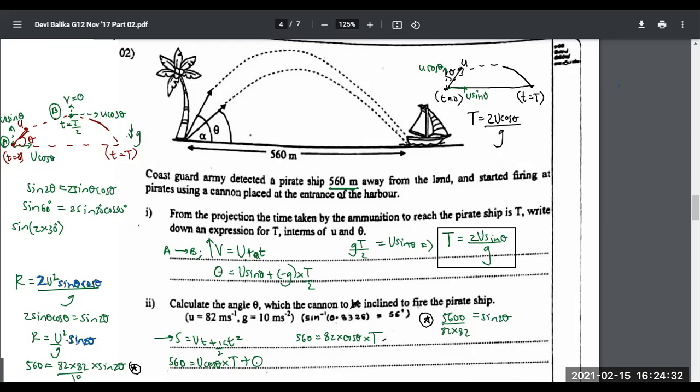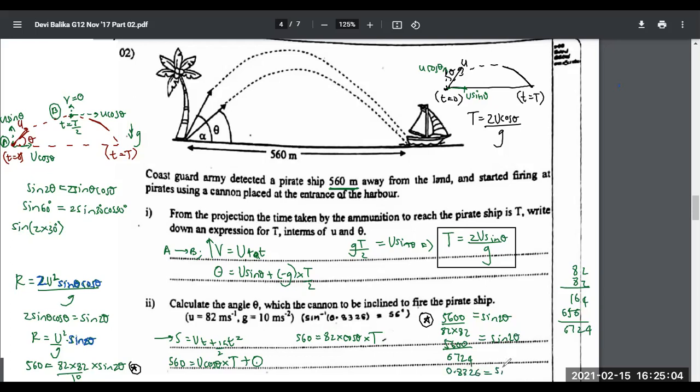So when you divide these two, you will be getting this. 82 into 82 is 6724. And I think most probably you will be getting this number, 0.8326.